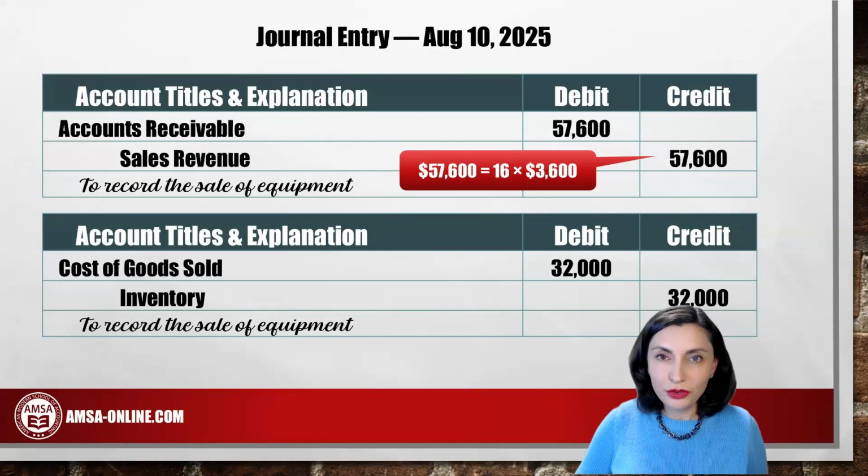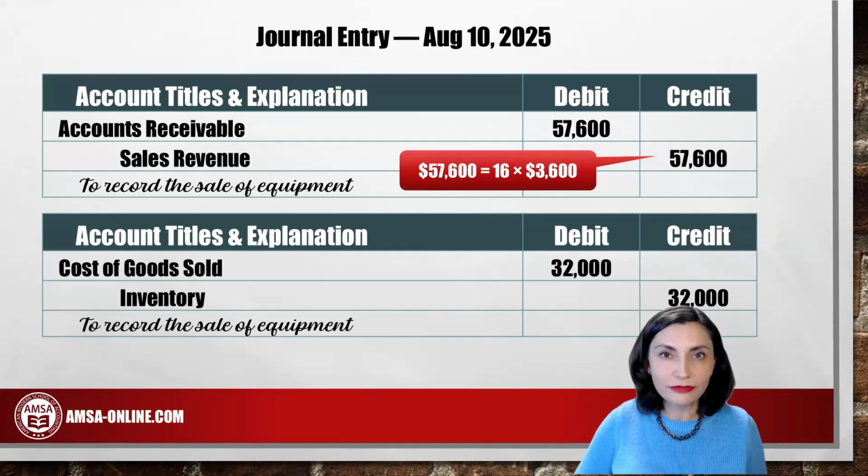To record revenue, we debit or increase accounts receivable by $57,600, which is 16 multiplied by the standalone selling price of $3,600, and credit or increase sales revenue by $57,600.